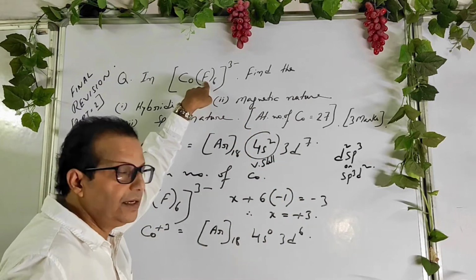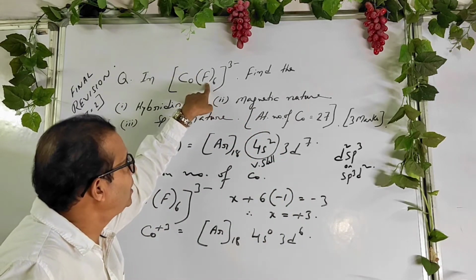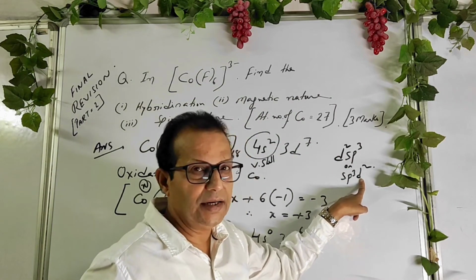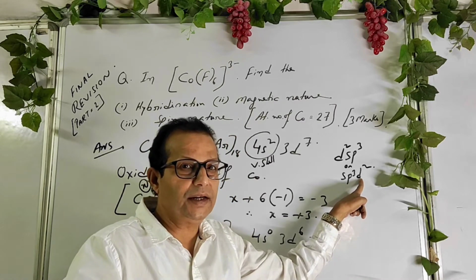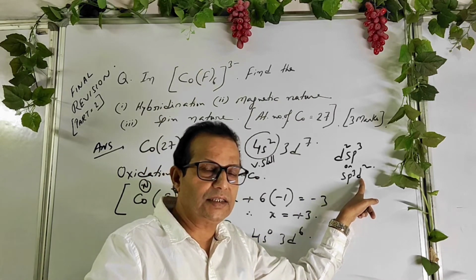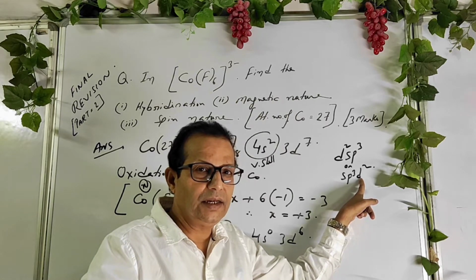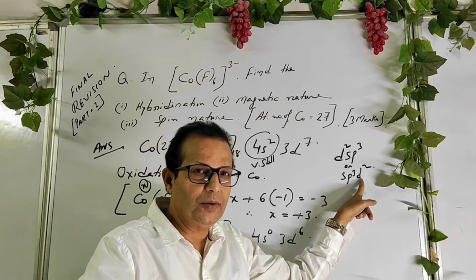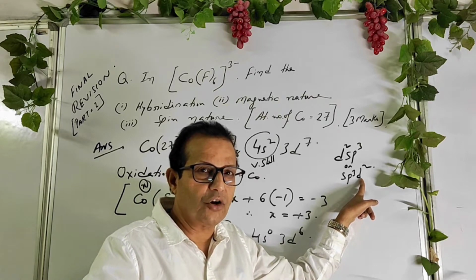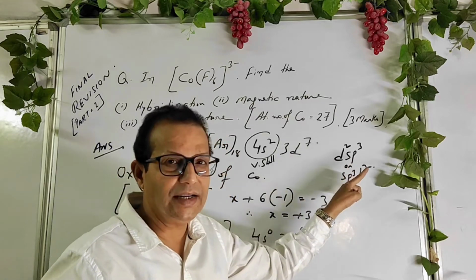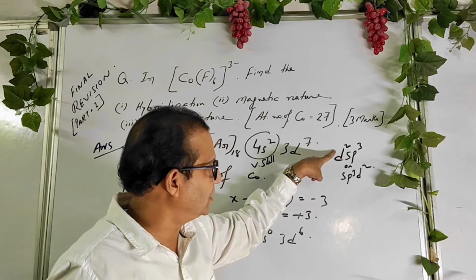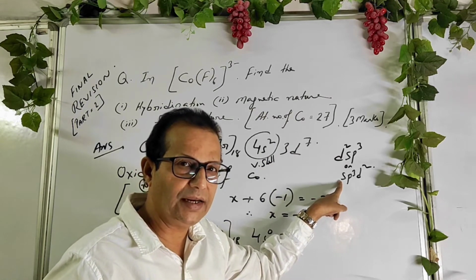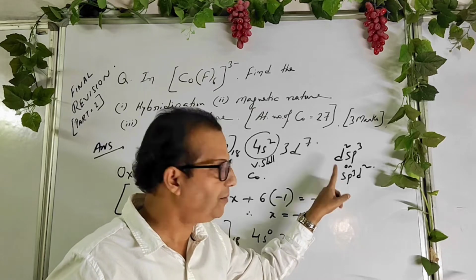If the ligand is a weak field ligand, then the probability is this. If the ligand is a strong field ligand, you know that NCS negative, cyanide, ammonia, ethylene diamine, carbon monoxide, these are strong field ligands. So if a strong field ligand is there, the probability is this. If weak field ligands are there, all the halogens are weak field ligands, oxalate ion is a weak field ligand, the probability is this.